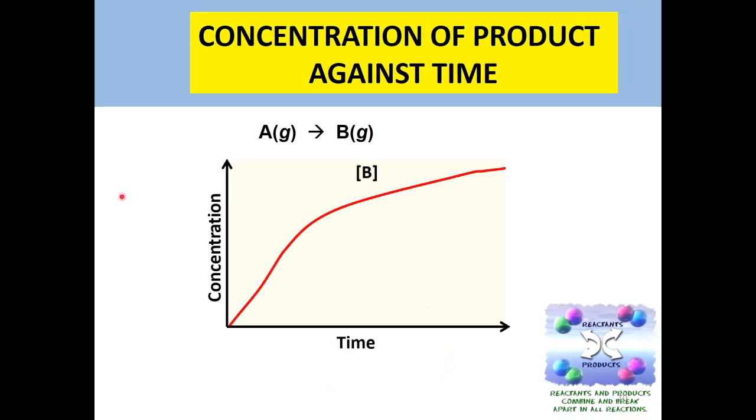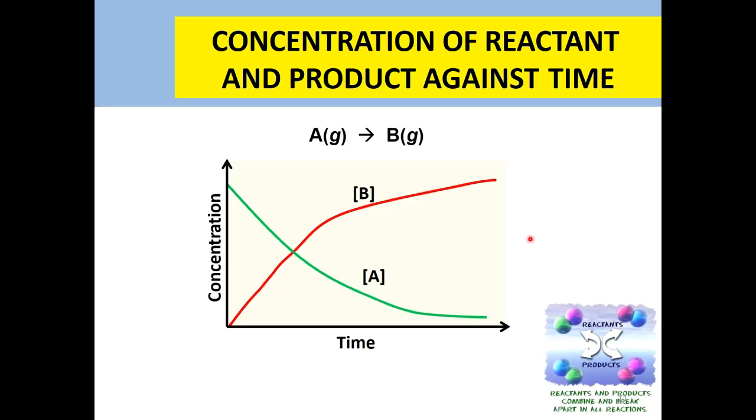When we plot the concentration for the product versus time, the concentration will increase with time. When we combine the graph of concentration A versus time with the concentration B versus time, the graph will be like this.